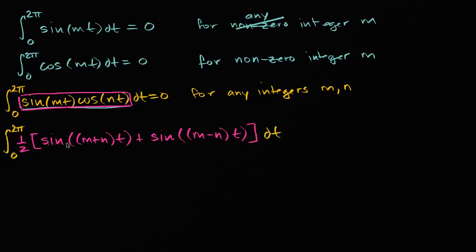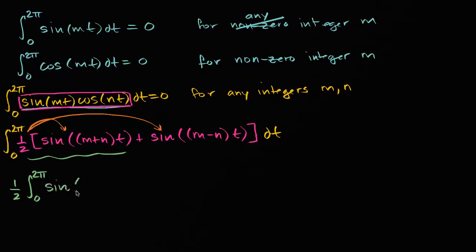Now, if we were to just rewrite this using some of our integral properties, and let's assume we distribute the 1/2, we could rewrite this part over here as 1/2 times the definite integral from 0 to 2 pi of sine of (m plus n)t dt.